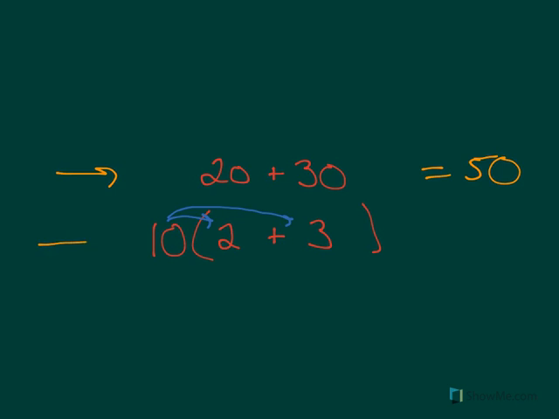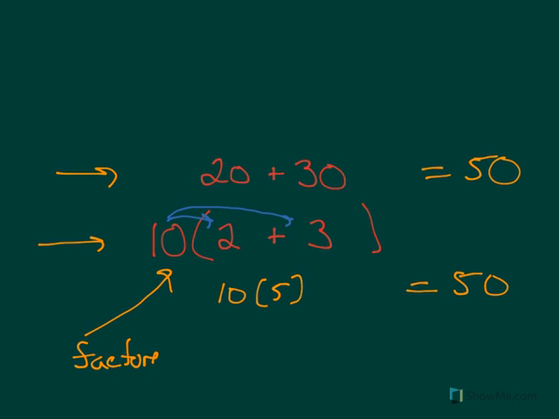And if we look at the factored form where we factored out a 10, if you do what's in parentheses first, you get 2 plus 3, which is 5, and then 5 times the 10 that you factored out, you get 50. So you're not changing the value of anything, you're just putting it into what we call the factored form. So this would be a factored form, where you factored off a common 10.